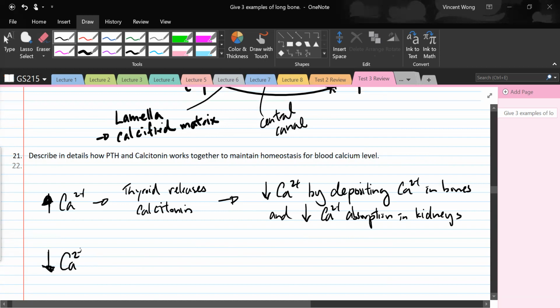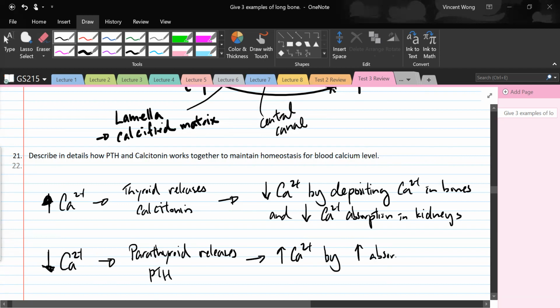On the other hand, if you decrease blood calcium level, the parathyroid gland will release PTH, and that will increase calcium in the blood by increasing absorption from bones, kidneys, and intestine, right?